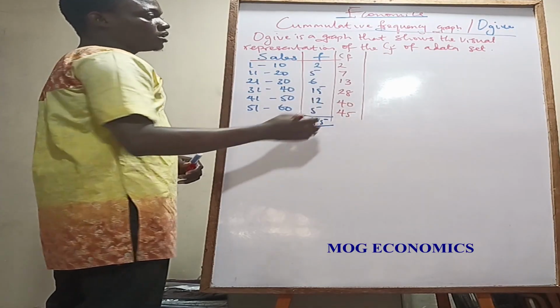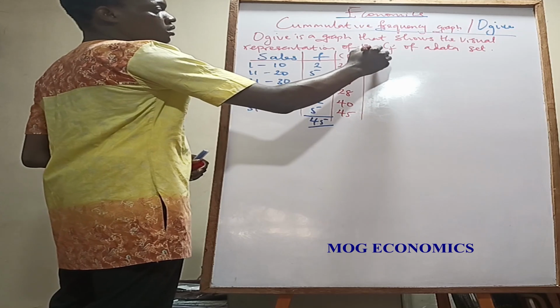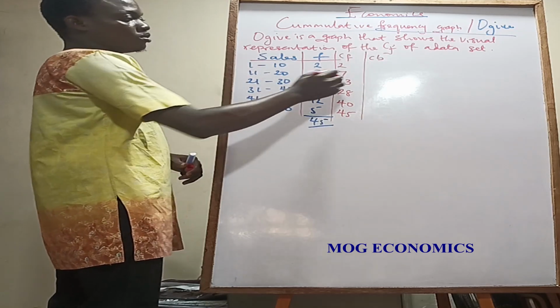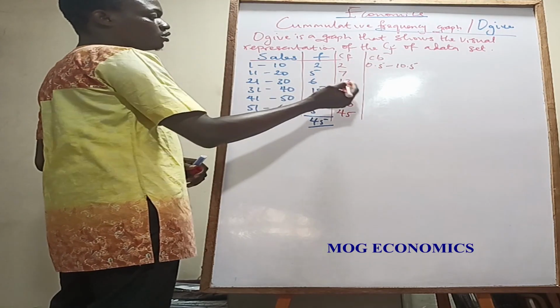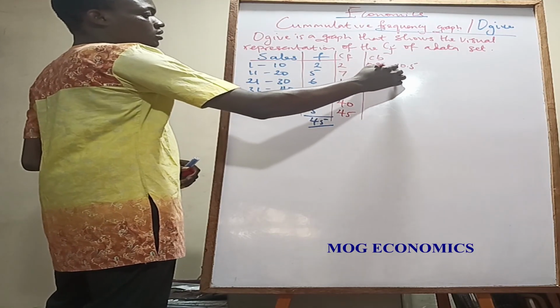Next is our class boundary, CB. So 0.5 to 10.5, 10.5 to 20.5, 20.5 to 30.5, 30.5 to 40.5, 40.5 to 50.5, and 50.5 to 60.5. I think you are pretty much used to this now.